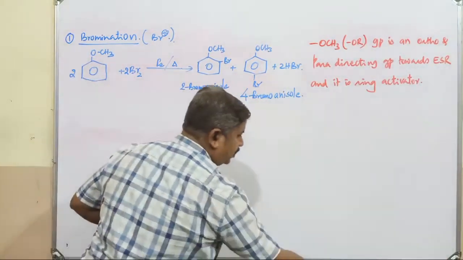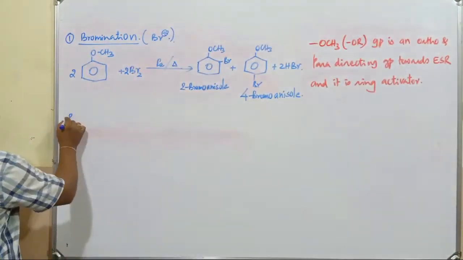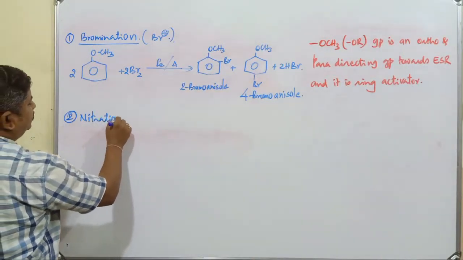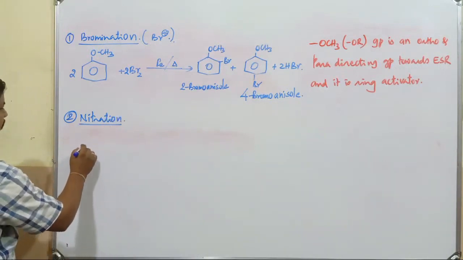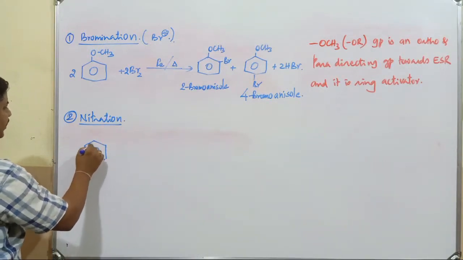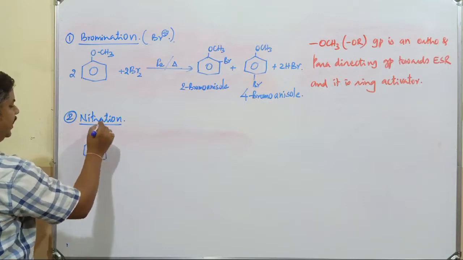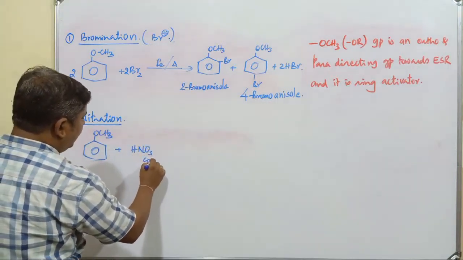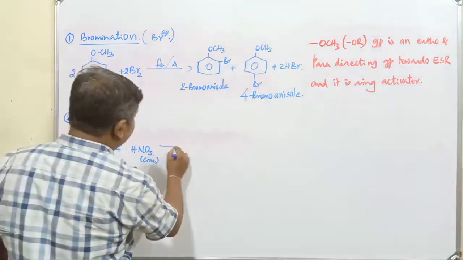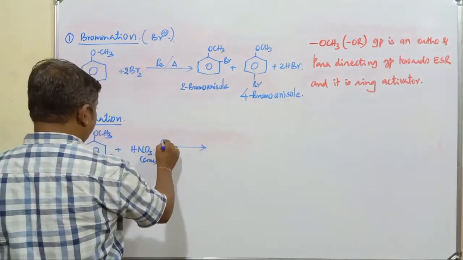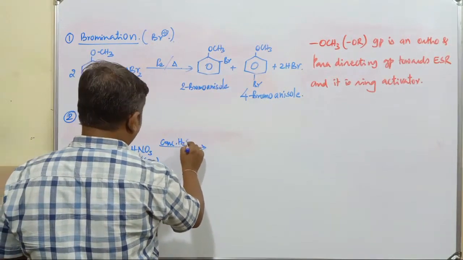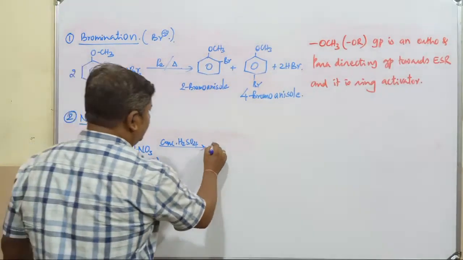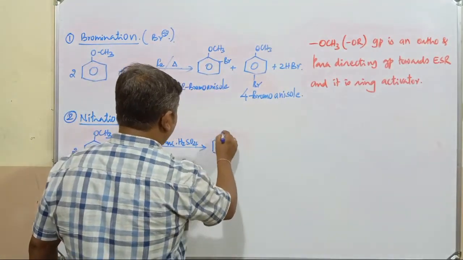Next. Second reaction is number 2, that is nitration. What happens with nitration? When anisole is treated with OCH3 plus concentrated HNO3, in presence of concentrated H2SO4, 2 moles, this gives rise to what?